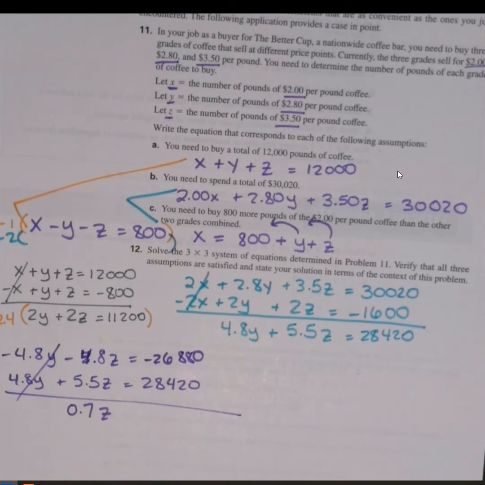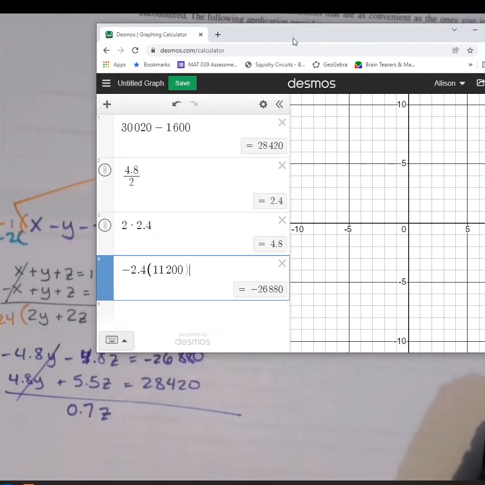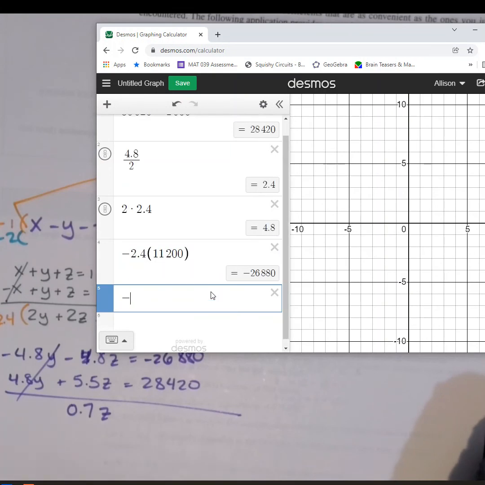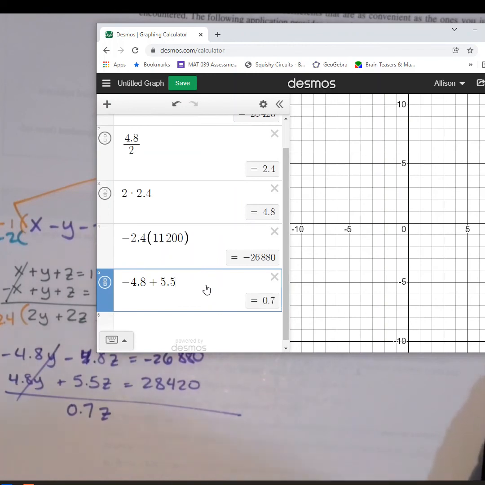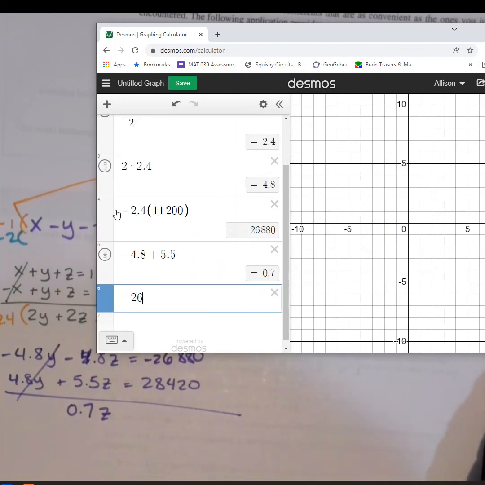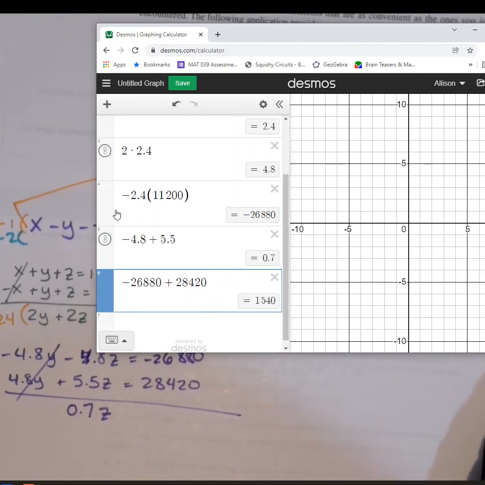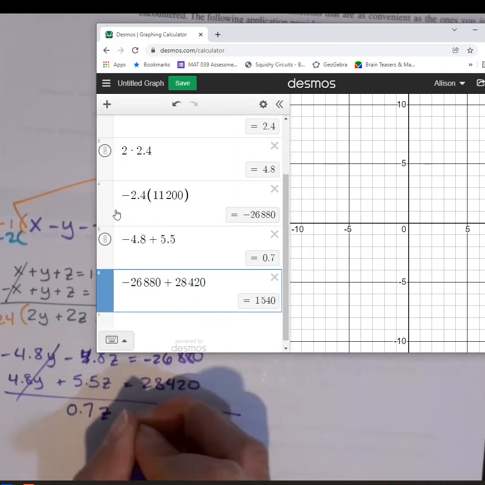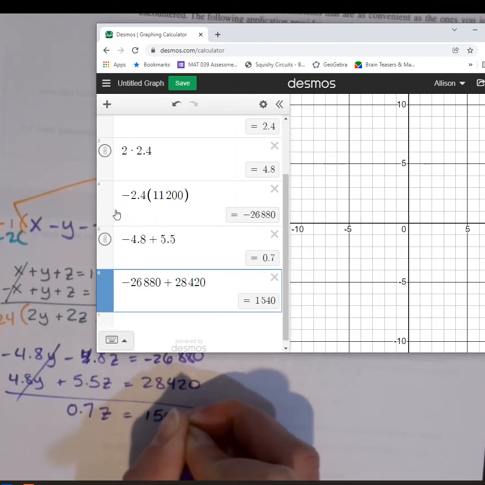And we can use our calculator to help with those big numbers. We can double check the 4.8 as well. The negative 4.8 plus 5.5 is 0.7z. And then for the other calculation, the negative 26,880 plus the 28,420 adds to 1,540.